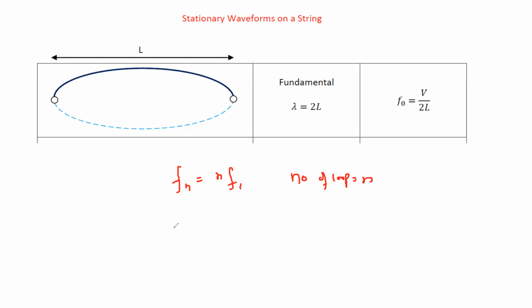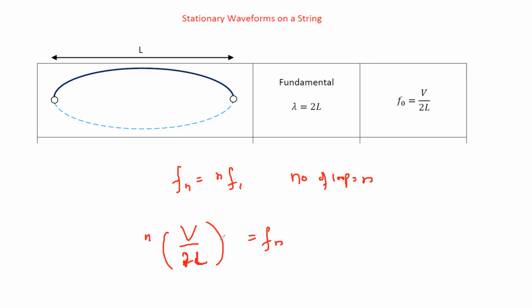And the second formula relates the frequency and length: V over 2L times N equals Fn. N is again the number of loops, Fn is the frequency of that nth loop, V is the speed at which the wave travels, and L is the length.